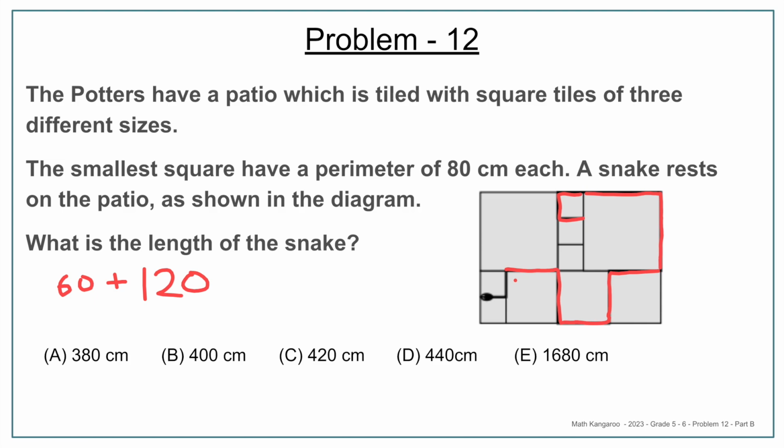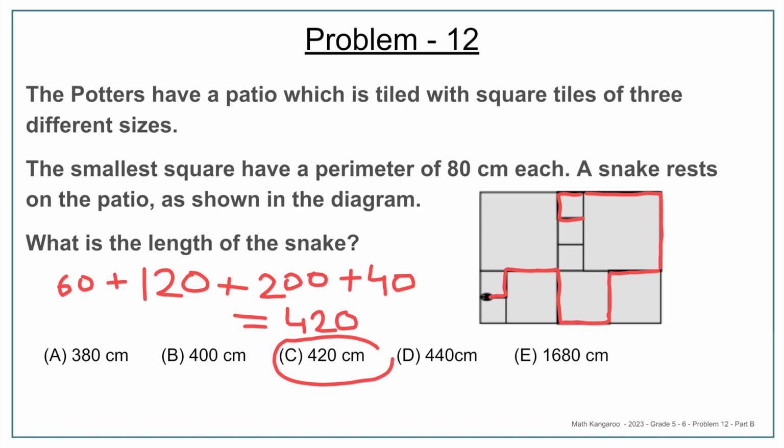That is, the total length is 5 fours are 20, meaning 200 centimeters. Now we have 20 plus 20, 40. So we add 40 more here. Now we have 60 plus 120 plus 200 plus 40, which gives us 420 centimeters. So our answer is option C, 420.